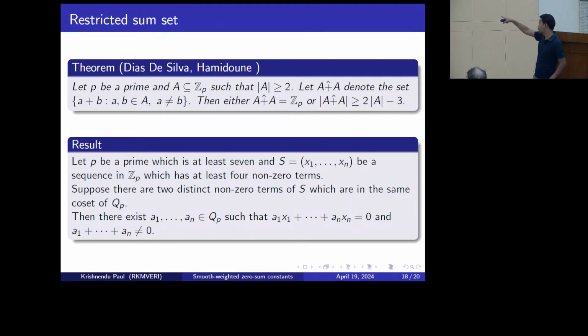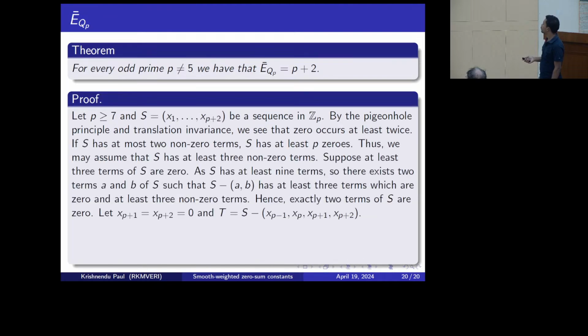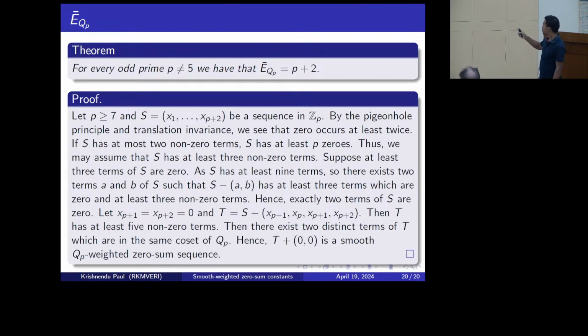Then we get that the QP weighted sum is 0, but the sum of weights is non-zero. Then here we get a combination of T that is 0 and the sum of coefficients is non-zero.